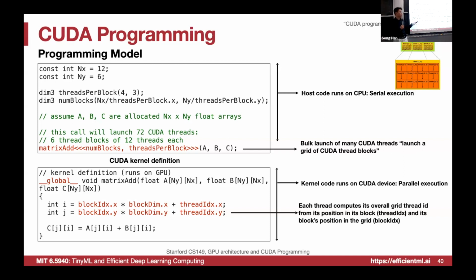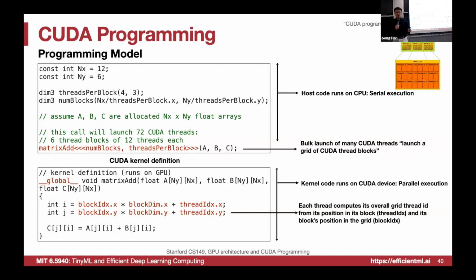So the i and j will be defined by its block ID times the block dimension in X, plus the thread ID. It's just like multi-level arrays, we find the index, I wrote it in this way. And similarly for j, it's block ID in Y times the block dimension in Y, plus the thread ID in Y. The thread ID for X and the thread ID for Y are intrinsic to each thread.